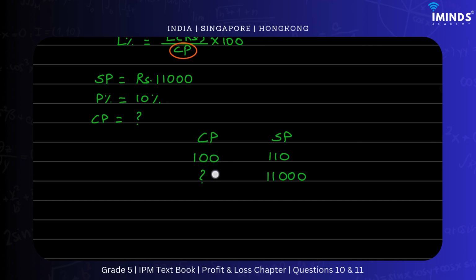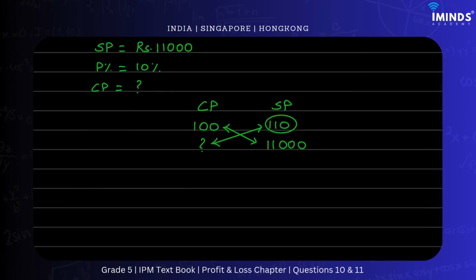Now what will I do? I will make a cross connection like this, and we have to circle the number which is diagonally opposite. You have to circle this number and multiply the non-circled numbers. 100 into 11,000 upon 110.